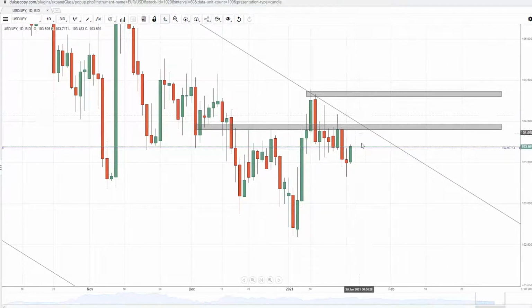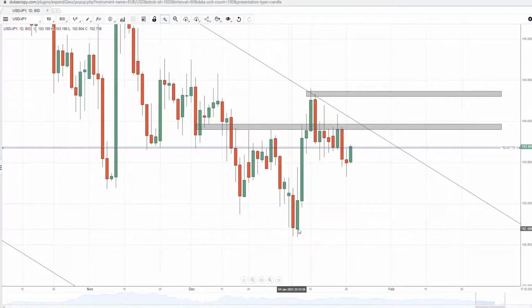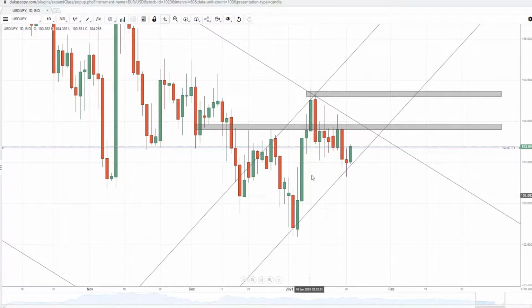So if the price breaks, comes to retest and finally closes above that previous high, then the structure has changed. And we can easily place the channel there like this. But we need the structure to break, and we need the current price to close above this resistance level at 103.67.